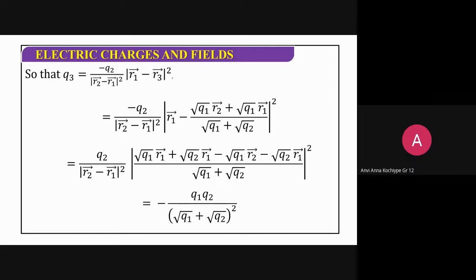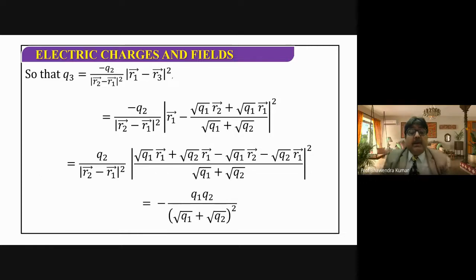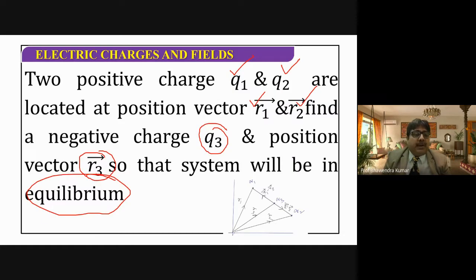But how does the minus sign still remain? Because you remember initially when we talked about the charges, Q1 and Q2 are considered to be positive charges, and Q3 is considered to be negative charge. Do you remember it?